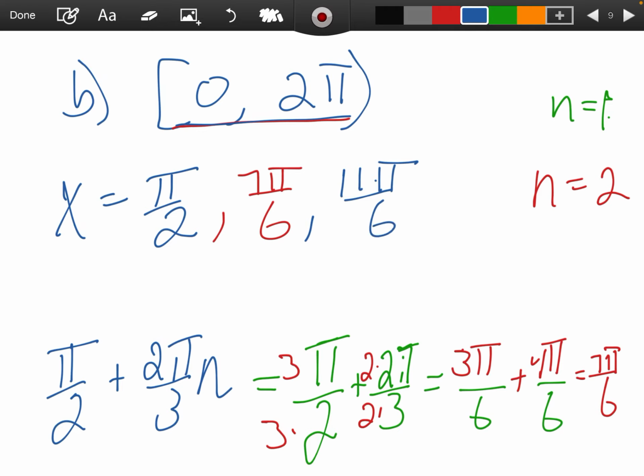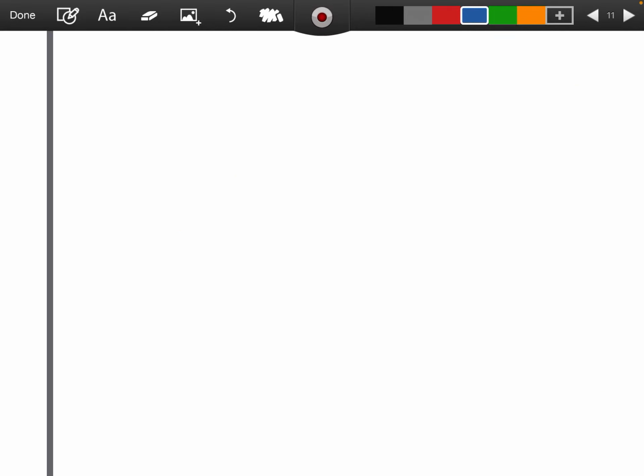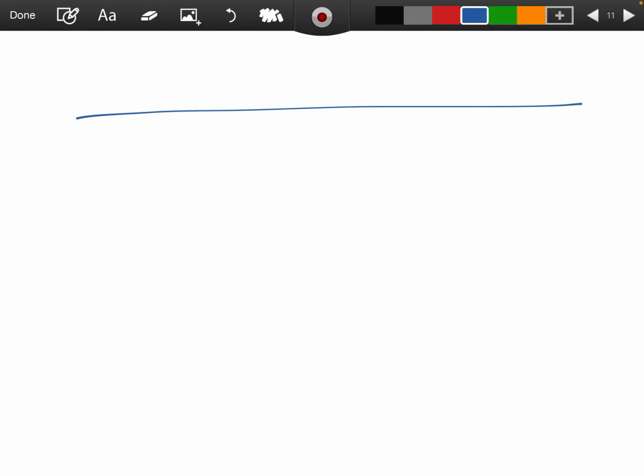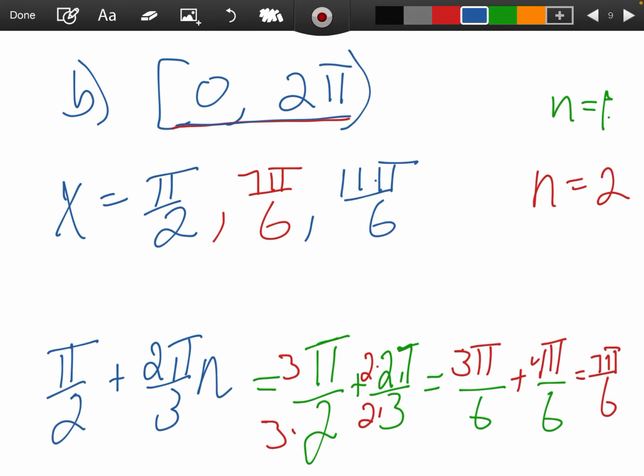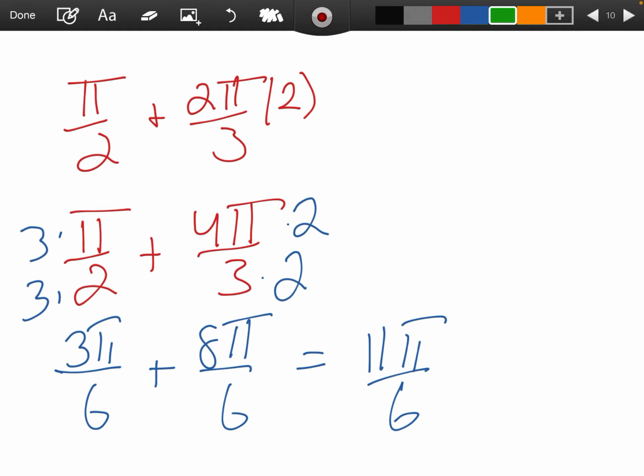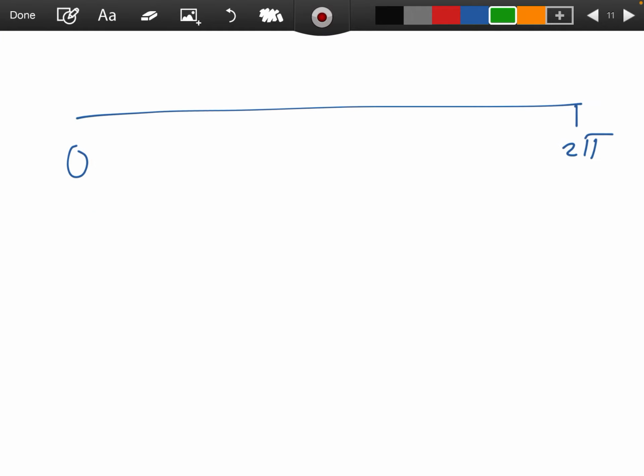Now, think about what we're trying to do. We're trying to do this over an interval from 0 to 2 pi. I want you to notice that the answers that we've come up with, at least for these two right here, have been over 6. So if I think about how I would write 2 pi with a denominator of 6, I could write it as 12 pi over 6, right? 12 pi over 6 is the same thing as 2 pi.